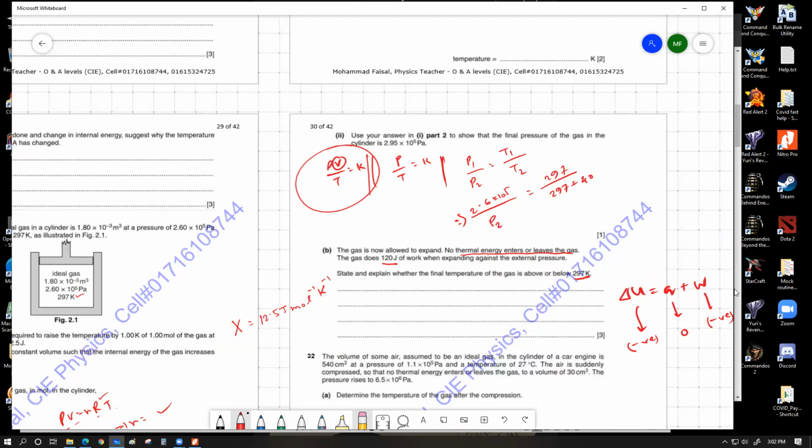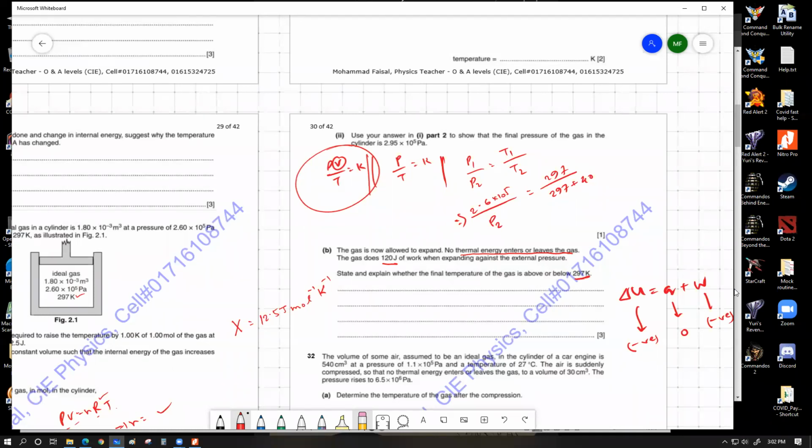That would essentially mean for an ideal gas system, the temperature should also be below 297 Kelvin, because the energy of an ideal gas system is only the kinetic energy of the system, which is related to the temperature of the gas. So if I was writing this answer, I would write the equation.